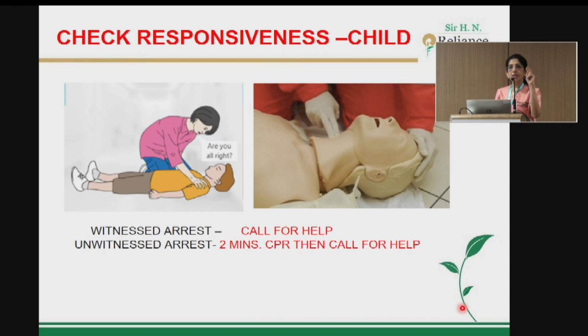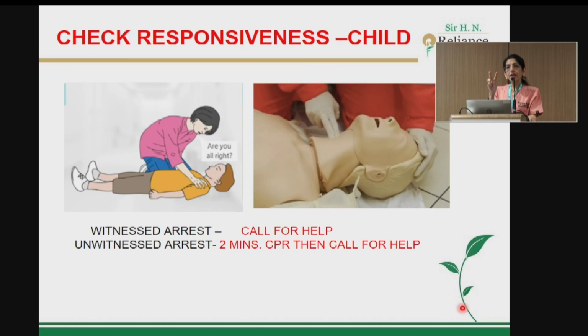The only difference in children is if you have just witnessed the collapse in front of you, then you still have the time to go and call for help. But if the arrest has occurred earlier, and now you are seeing the patient, then you start with the CPR, give CPR for 2 minutes, and then go and call for help.